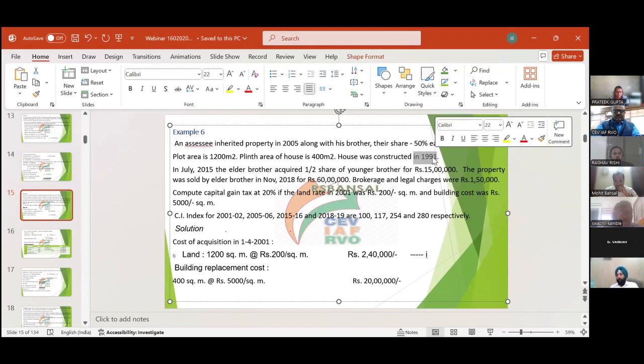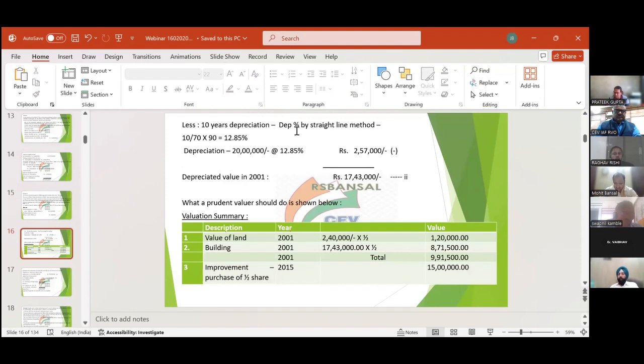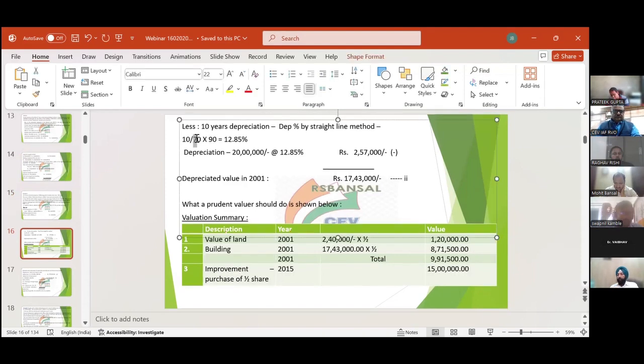So we will be applying depreciation for 10 years, using the straight line method. Assuming the life of the building as 70 years, 10% as salvage value, depreciation will be 10 upon 70 into 90, 12.85%. So depreciation will come out to be 20 lakh into 12.85%, which is 2,57,000. So depreciated value comes out to be 17,43,000.